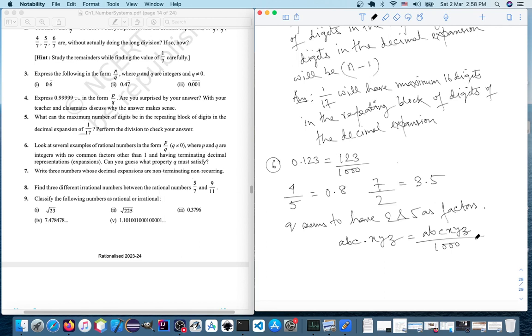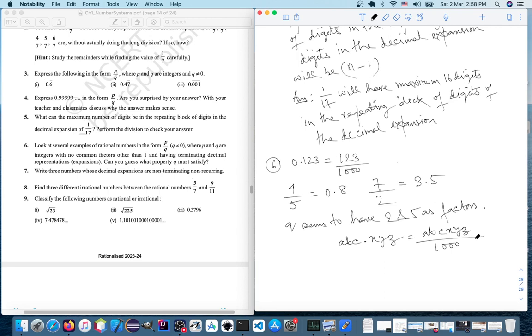So we are having 1000 in the denominator, but it also says to consider only those rational numbers where P and Q are co-prime.